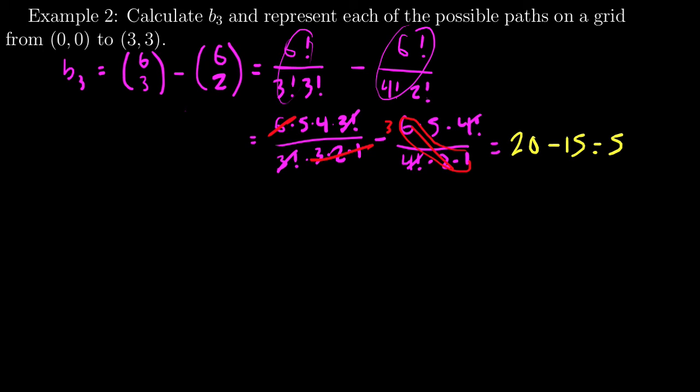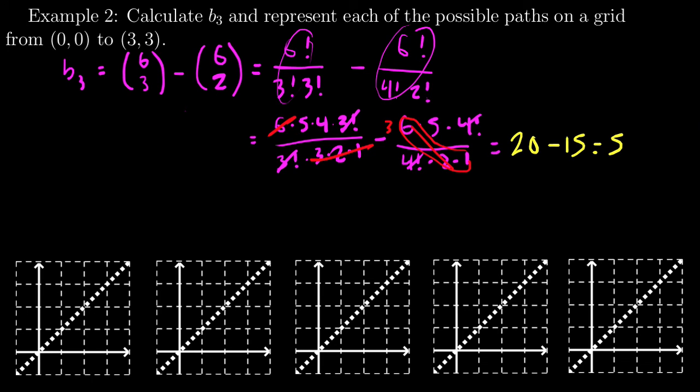And now, let's try to represent them on these grids. So the simplest path to start is probably going all rights, 1, 2, 3 rights, and then all ups, 1, 2, 3 ups. And for something this small, it's actually not too hard. I can go 2 right, 1 up, 1 right, 2 up.